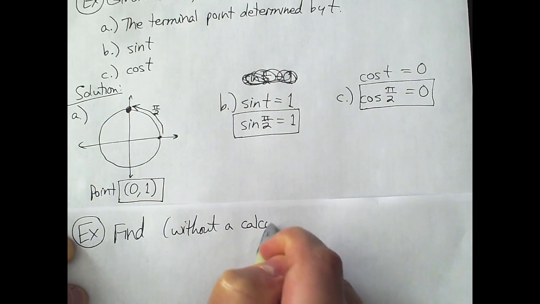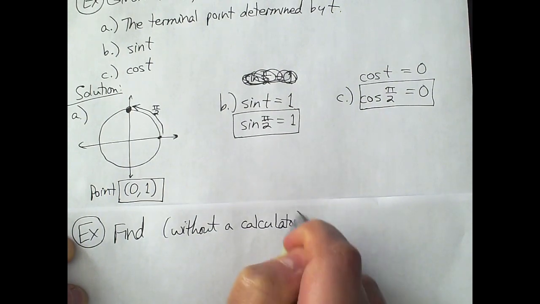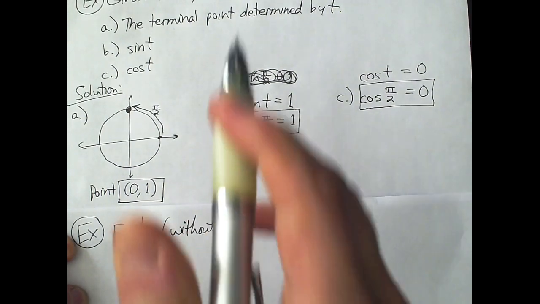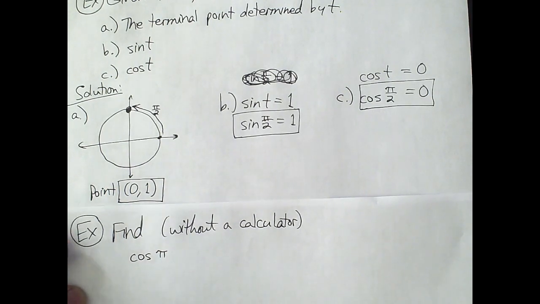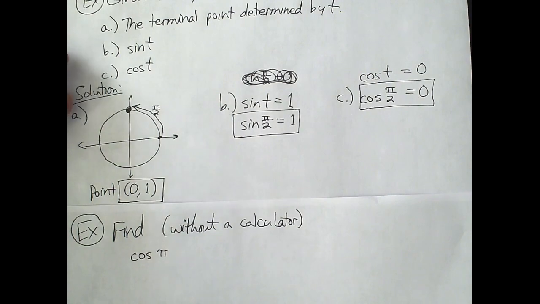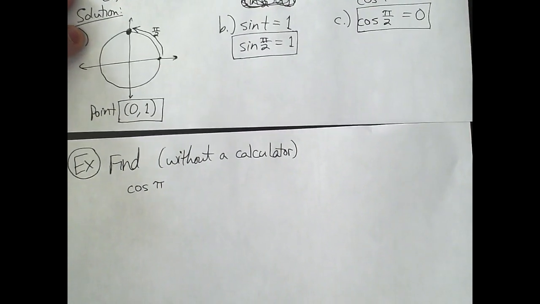We're doing all of this without a calculator, right? Because we understand how sine and cosine work. We understand terminal points. So I'd like you to take a minute, pause the video if you need to, see what you can find for that.